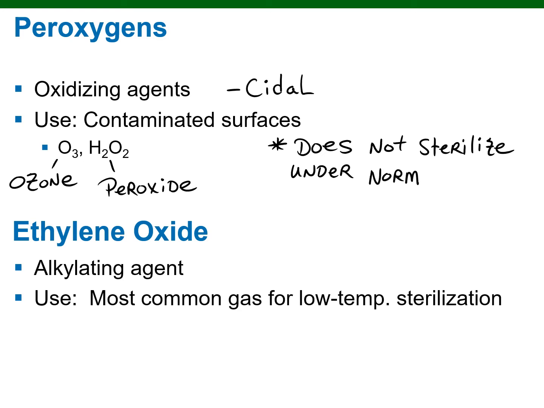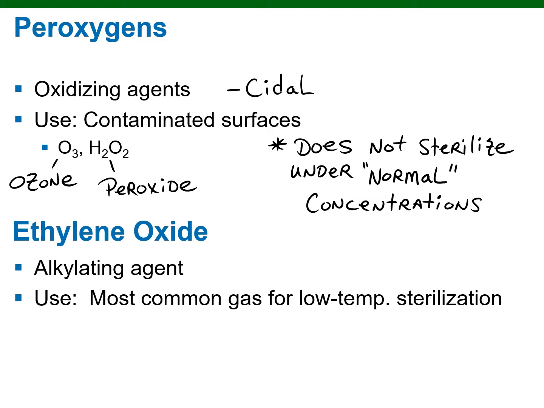But normal would refer to, say, the concentrations that you would see of peroxide at the pharmacy. If you were to go into the pharmacy and buy some peroxide, it would be at about 3% H2O2. But there are some industrial applications where peroxide could be brought up to a concentration of 50% or greater, and in those instances sterilization can be achieved.